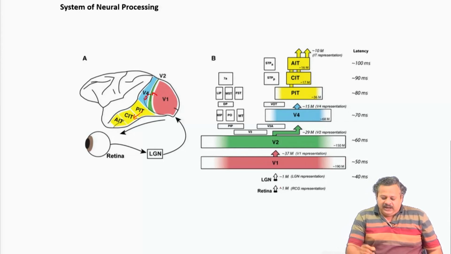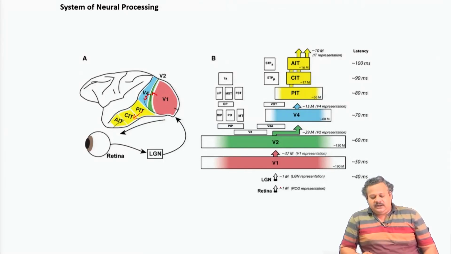So, in the very beginning, it is the retina, which has probably a million different retinal ganglion cells, and it is almost a 1-to-1 correspondence into the lateral geniculate nucleus in the thalamus.